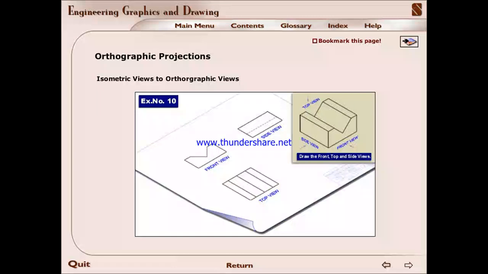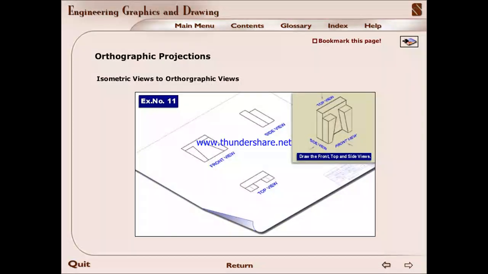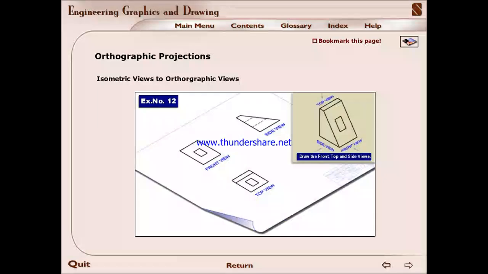Given figure, front view, side view, top view. Given figure, front view, side view, top view. For given figure, front view, side view, top view.